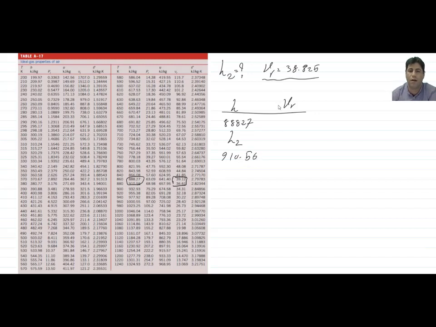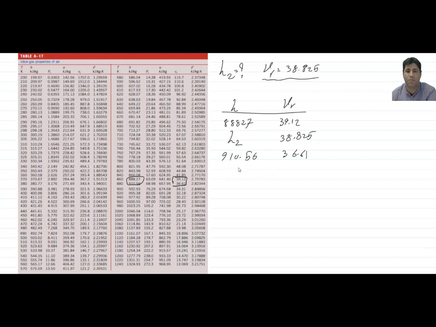How about VR? We have 39.12, then the VR which we have, 38.8025, and 36.61. Simply we can extract this information from the table.